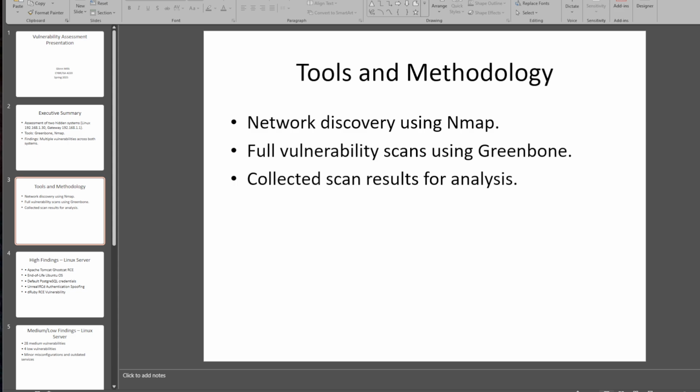Scans were executed against each target individually to maximize accuracy. For each system, both Greenbone reports and Nmap scan results were collected and analyzed to understand the open services, software versions, and vulnerabilities present.